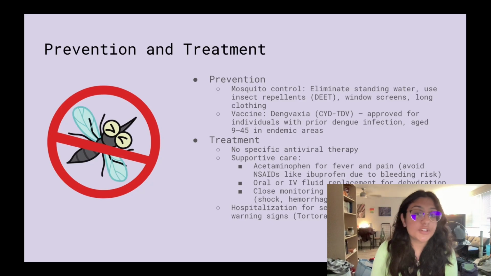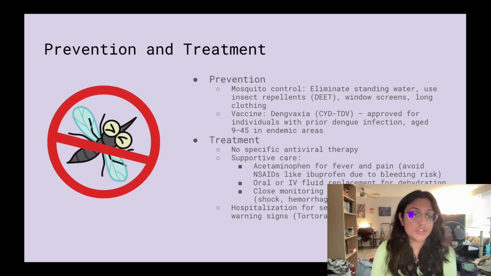Oral rehydration therapy is essential to prevent dehydration, especially in patients with a fever. And then for more severe cases, intravenous or IV fluid therapy is administered to manage plasma leakage and prevent dengue shock syndrome. Some patients may require hospitalization for close monitoring of vital signs, hematocrit levels, and platelet counts.